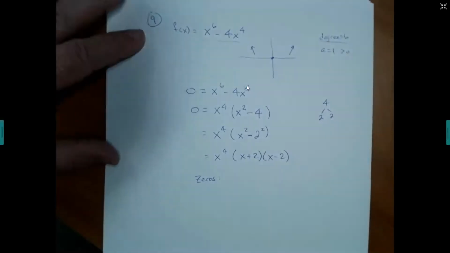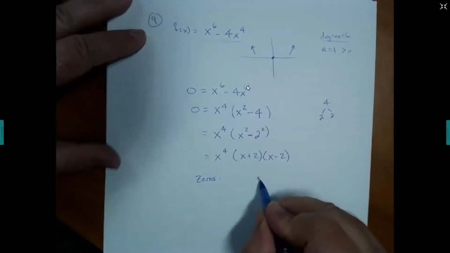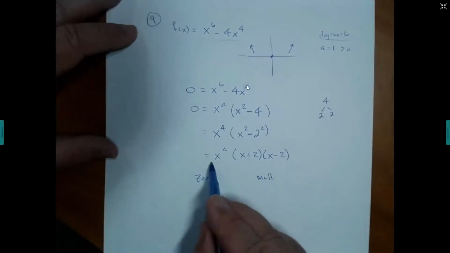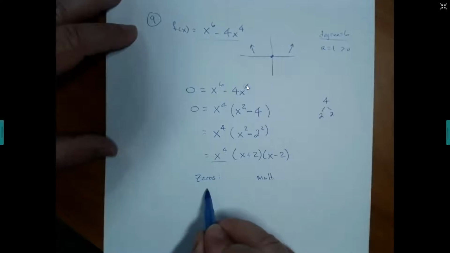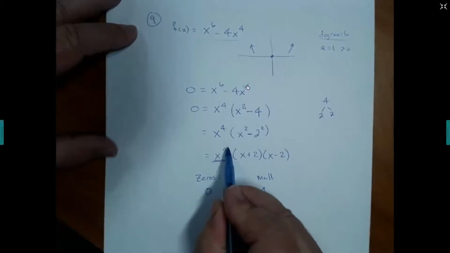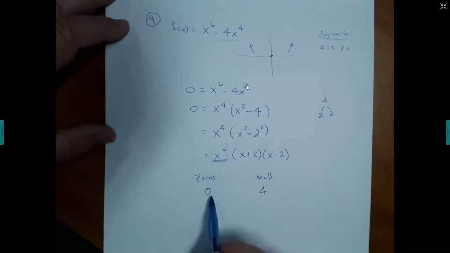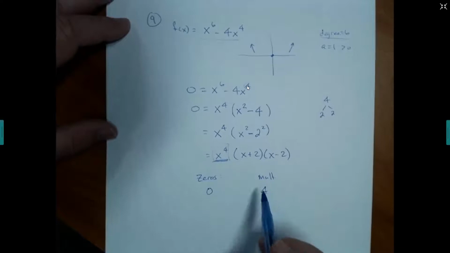So our zeros and their multiplicities are what? What's my first 0? It's 0, and the multiplicity is 4. Anywhere you see an x by itself, set it equal to 0, so 0 is a zero, with multiplicity 4.